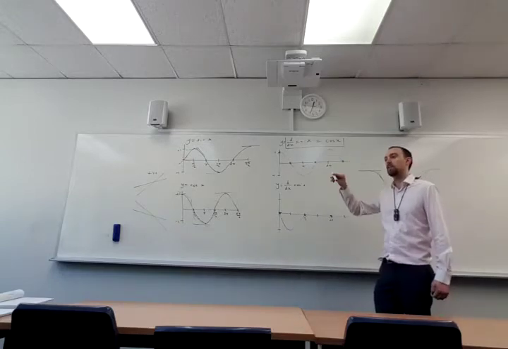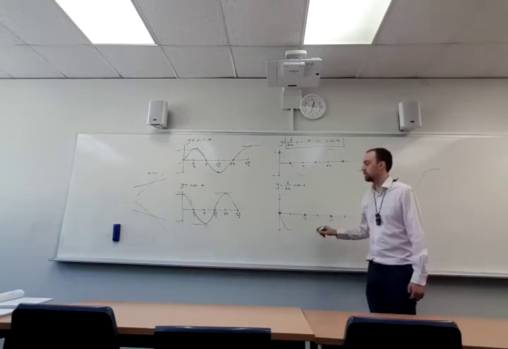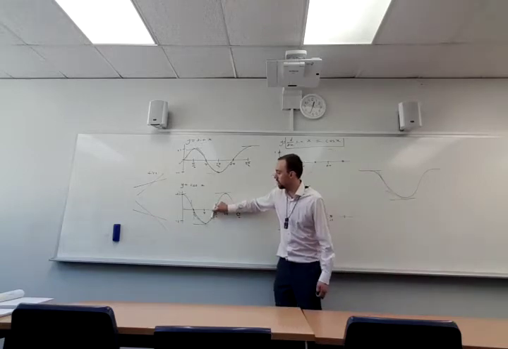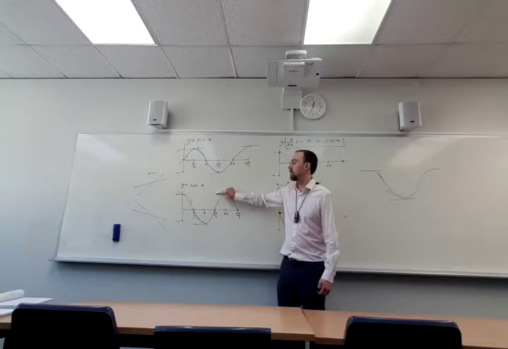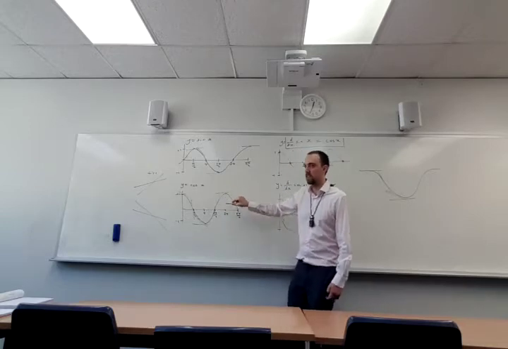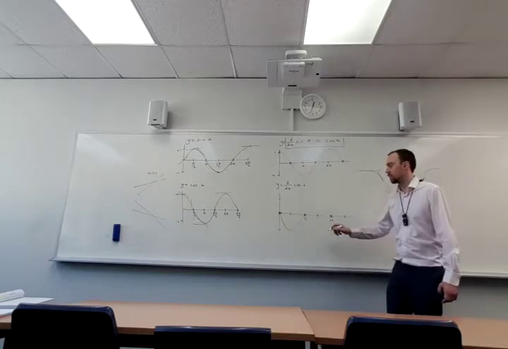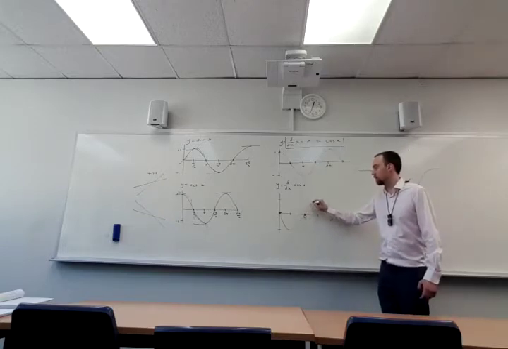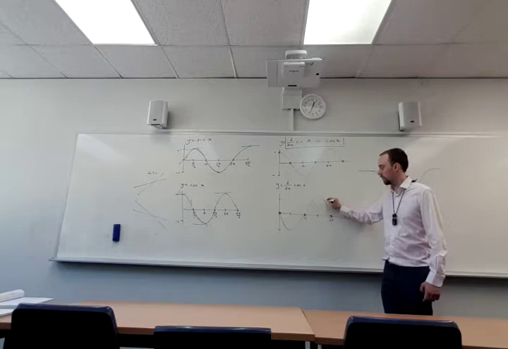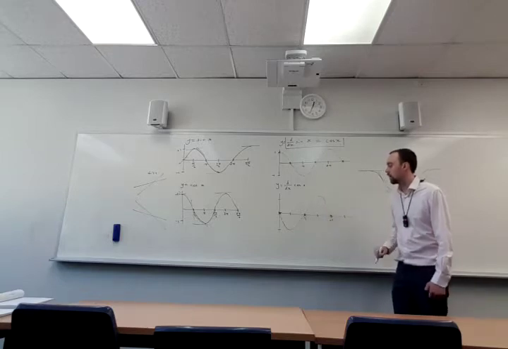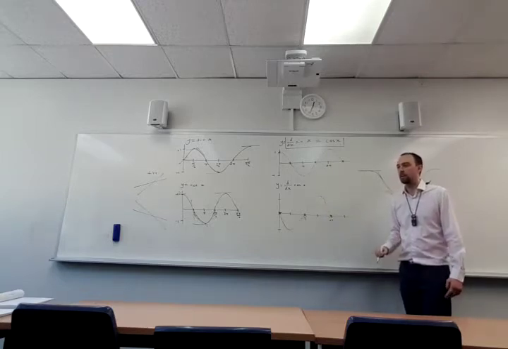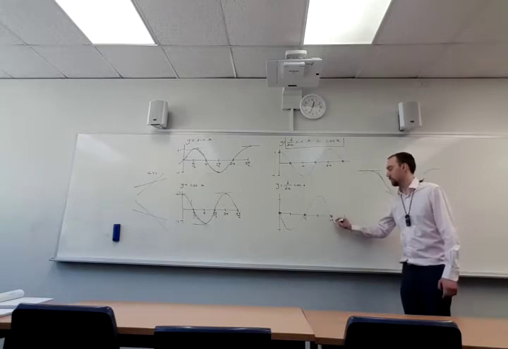Then it starts to turn the other way again. So big positive, and then it gets shallower, shallower, shallower, smaller positive, until it gets back to 0. So it's bigger positive, turns around, so it goes back down to 0. And then it starts doing the same thing again.